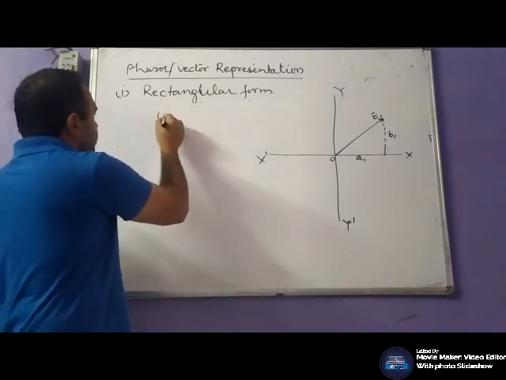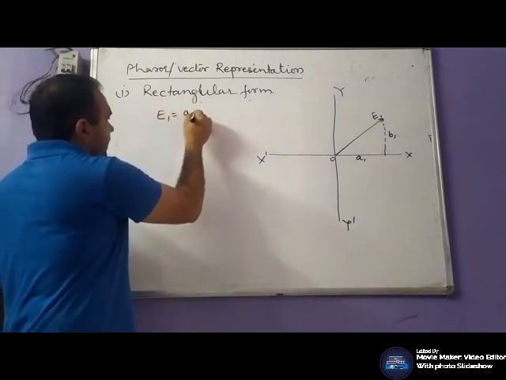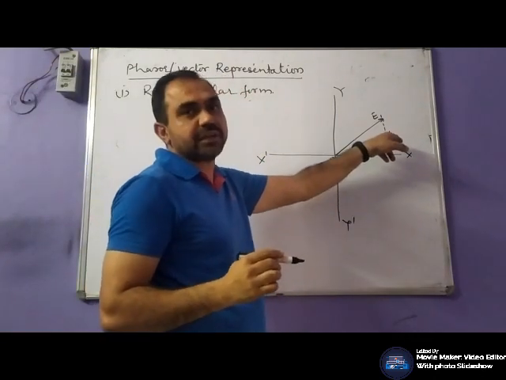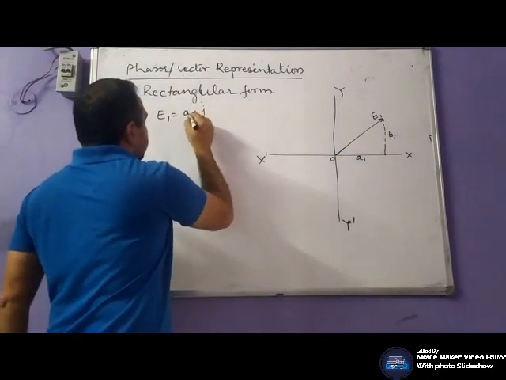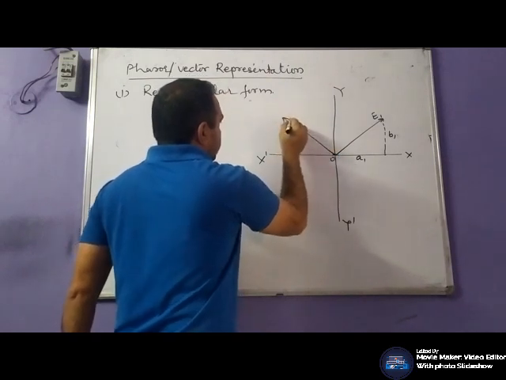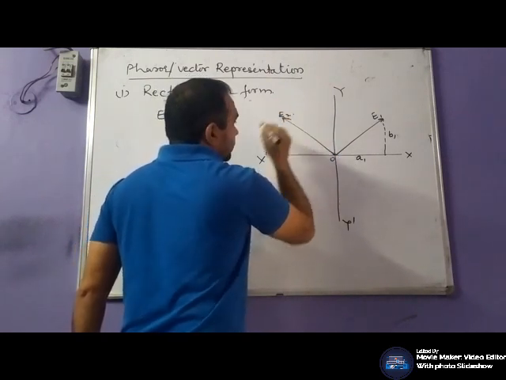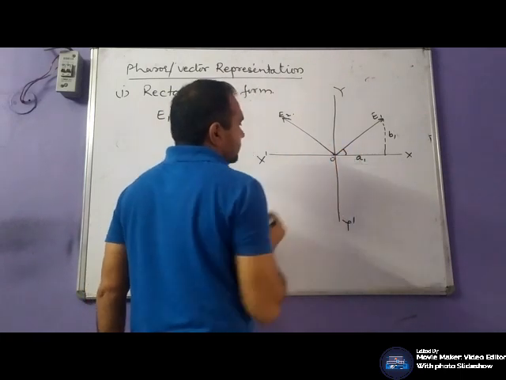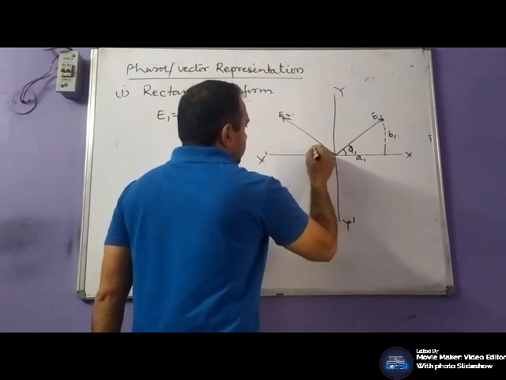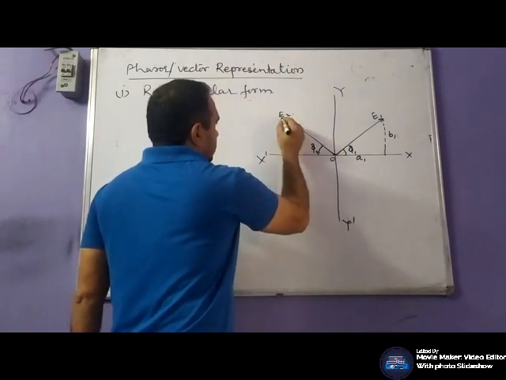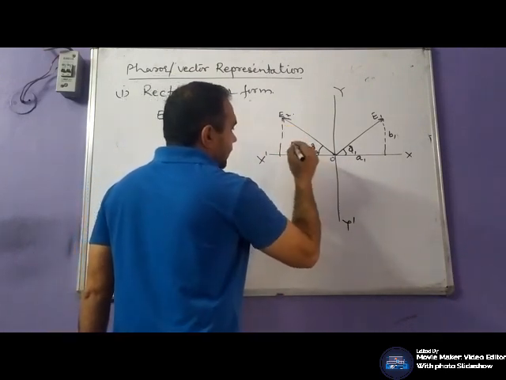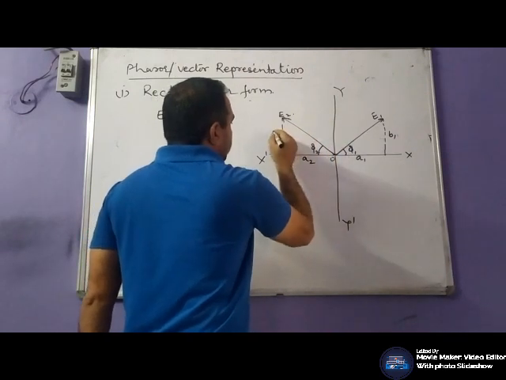So E1 can be represented by A plus, here this factor is perpendicular, meaning multiplied with operator j. Let it be here E2. Let this be some angle theta or phi 1. Horizontal component A2 and this will be B2.